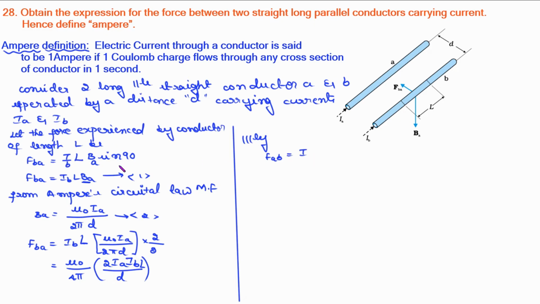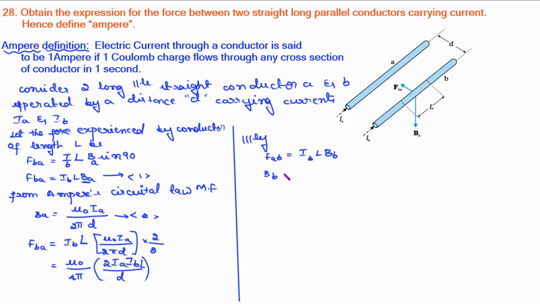See, already you have written the equations here. Reverse these equations and write. For FBA, if it is IB L BA, you have to write FAB is equal to IB L BB.